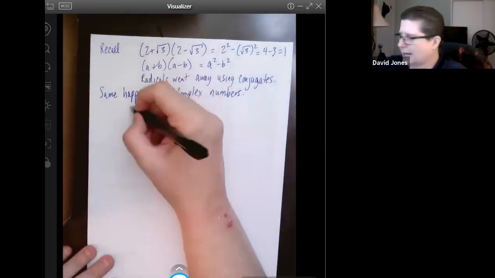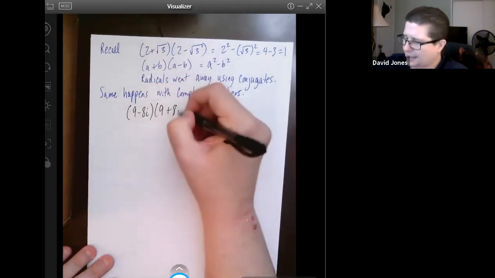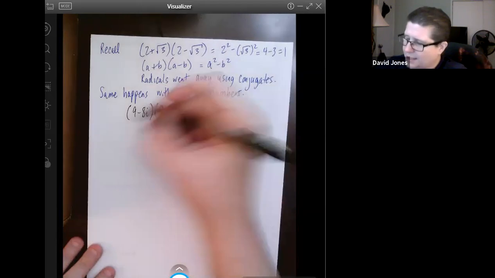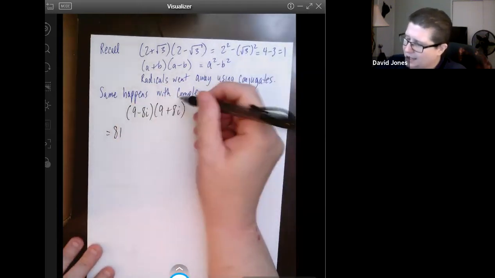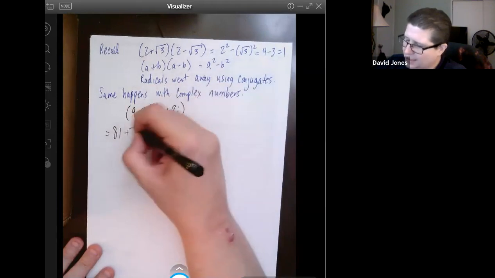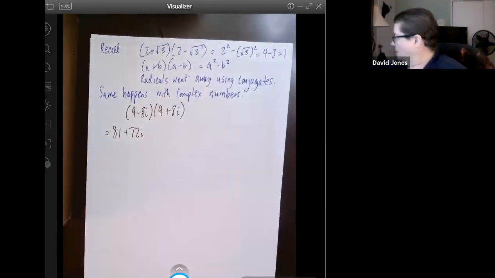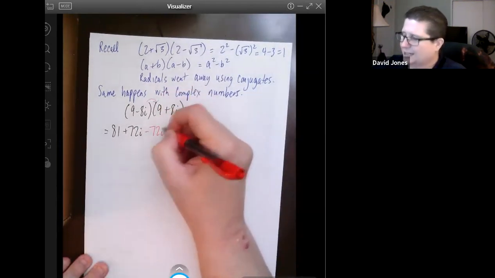If I do 9 minus 8i times 9 plus 8i, I'm not going to use the formula real quick. I'm just going to write it out. 9 times 9 is 81. And then we've got 9 times positive 8i is plus 72i. And then I've got negative 8i times 9 is negative 72i.